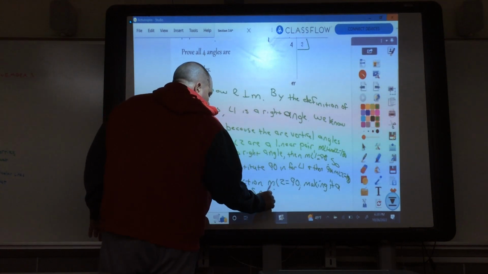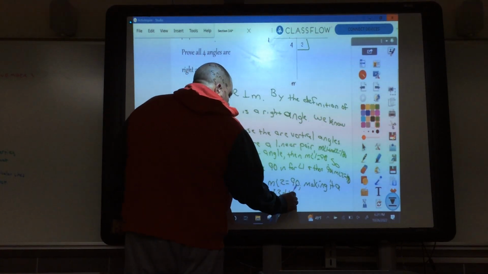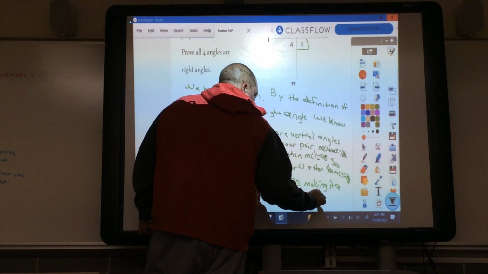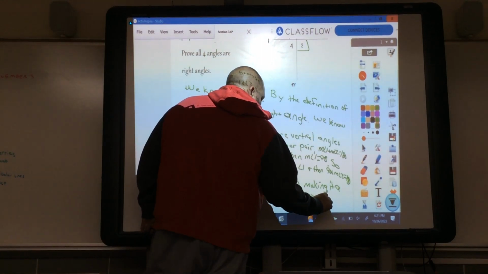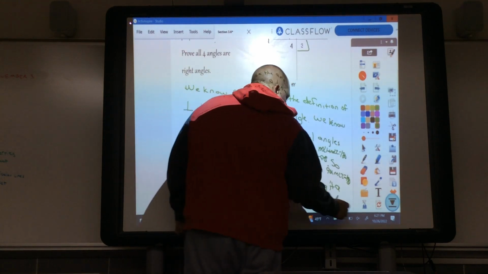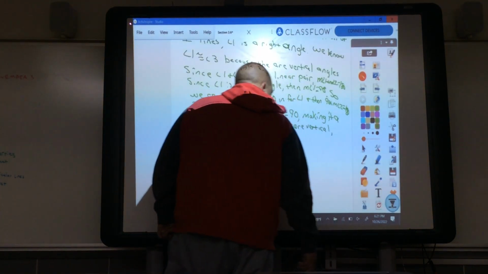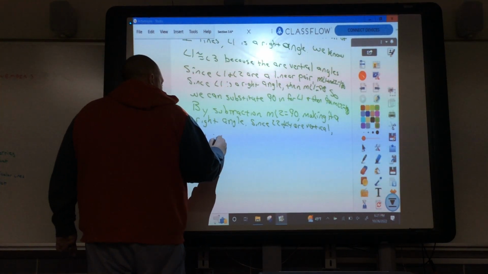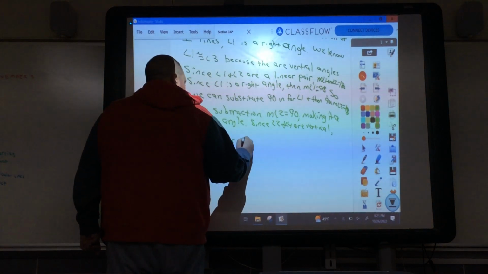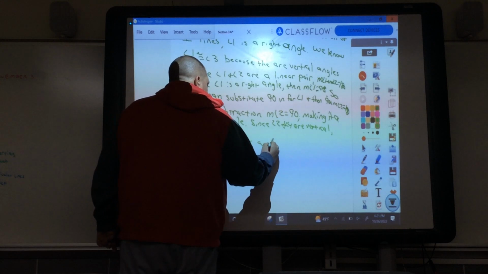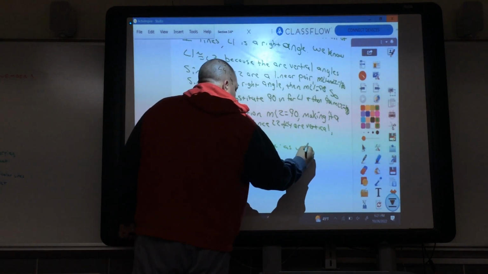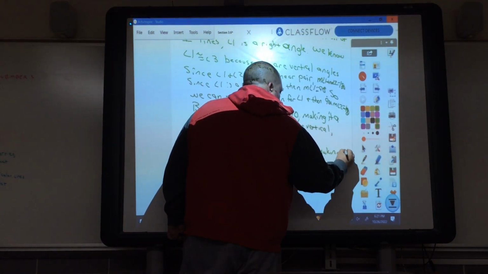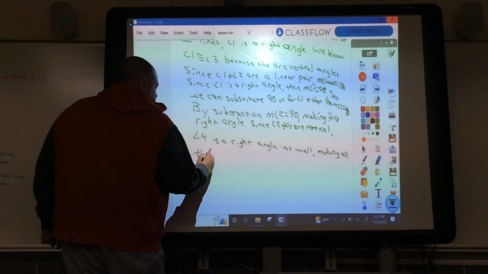Since angle 2 and angle 4 are vertical, angle 4 is a right angle as well. You get all the angles, right angles.